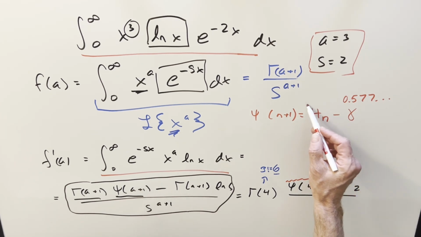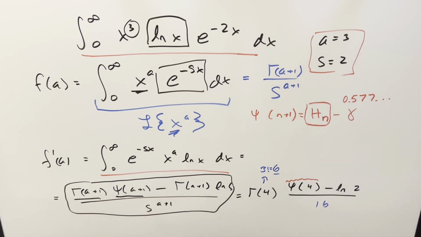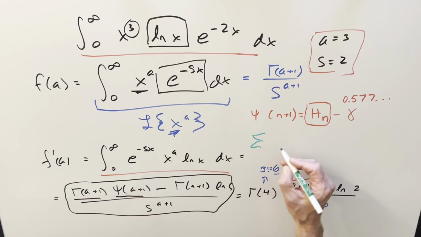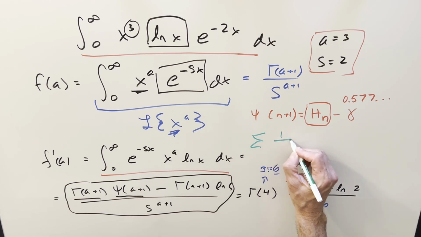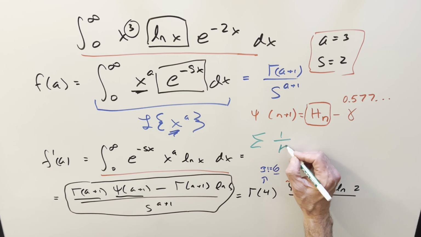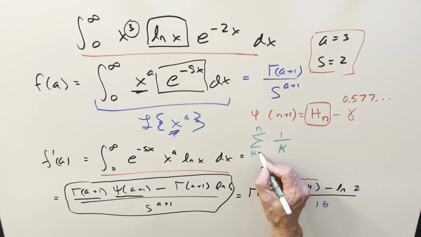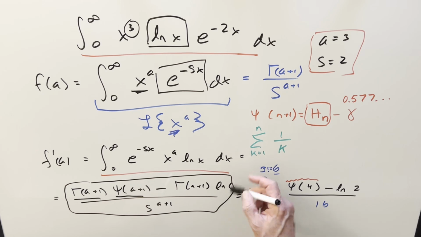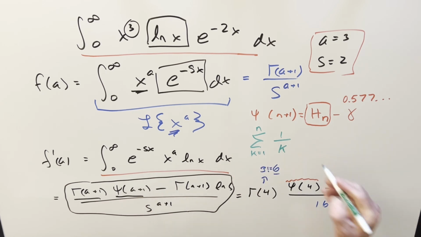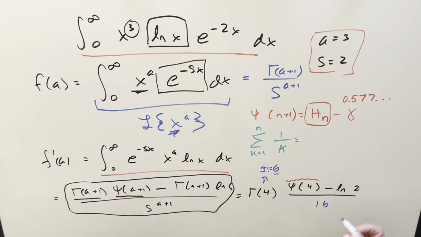And you might wonder, what is this harmonic number? It's pretty easy, especially for small numbers. It's defined as a series of 1 over k. I want to use k because n is going to be the upper limit. So if we do this sum from k equals 1 to n, then for something like 4, we can just count it out.